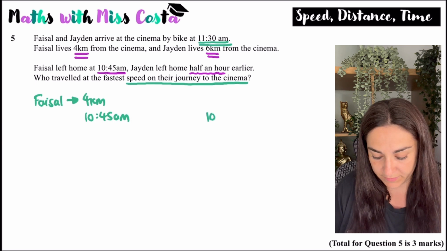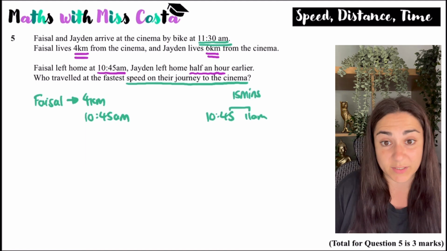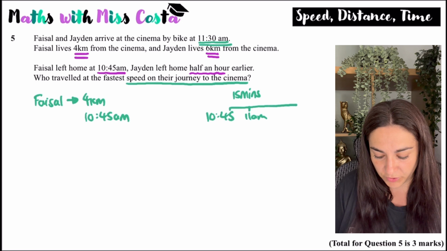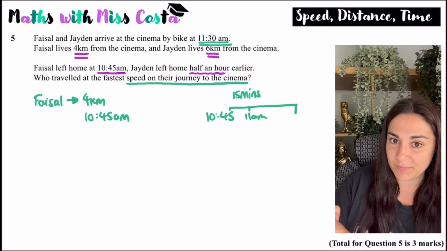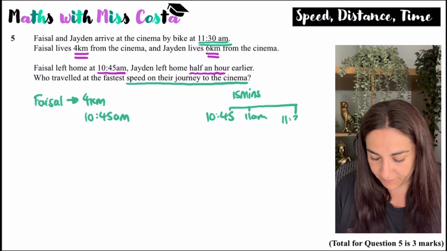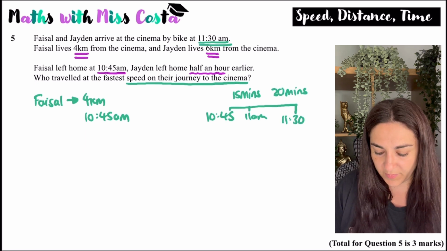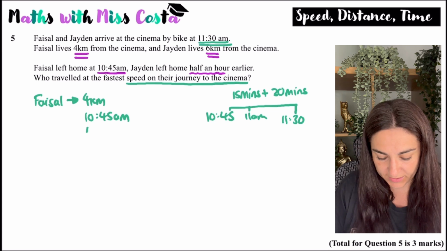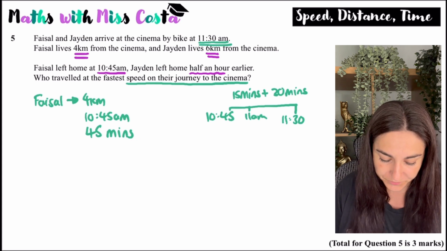From 10:45 to 11 a.m. is 15 minutes. Obviously some of you might be able to do this in your head, which is great, but if you don't, just chunk the time. From 10:45 you add on 15 minutes to get to 11, and then to 11:30 is 30 minutes. So in total that's 15 plus 30, which is 45 minutes. So the time it took him is 45 minutes.